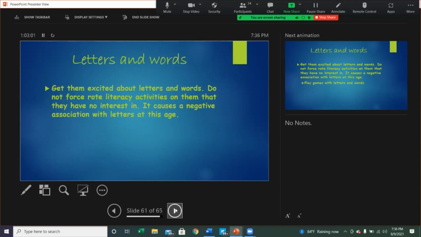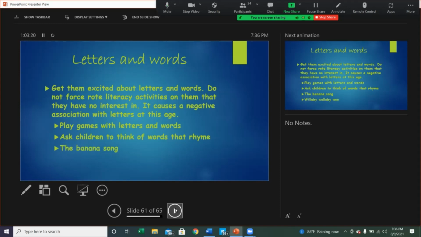Get them excited about letters and words. Don't force rote literacy activities, because as we talked about, that can cause a negative association with letters and harm them down the road. Play games. Games are part of free play. That counts as free play now. Rhyming words, they can get that, you know.